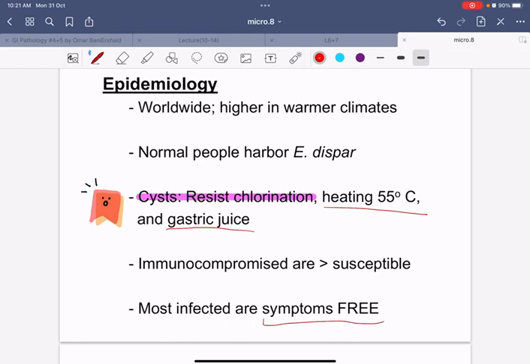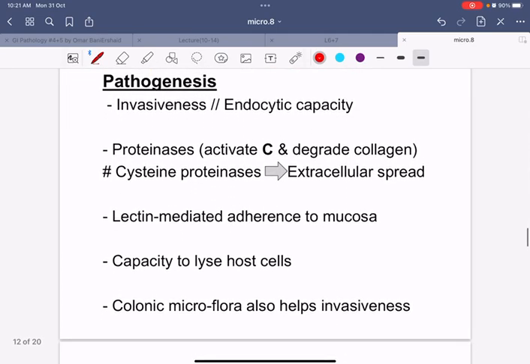Pathogenesis: they have the capability of invasiveness, which is called endocytic capacity, meaning they engulf. Invasiveness, it goes into the intestinal mucosa. That is why they produce ulcers.